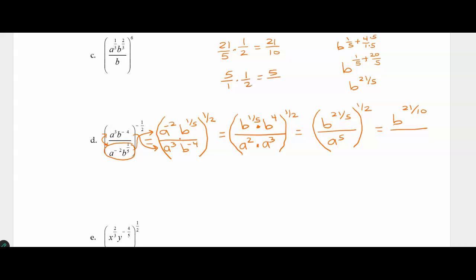So I get 5/2 power. So a to the 5/2 power. And again, it started off with these fractional exponents in it, so you'll leave it with fractional exponents in your answer here. Like I said, it's not wrong if you change it to a radical, but you just don't have to. You don't have to take it any further than that.